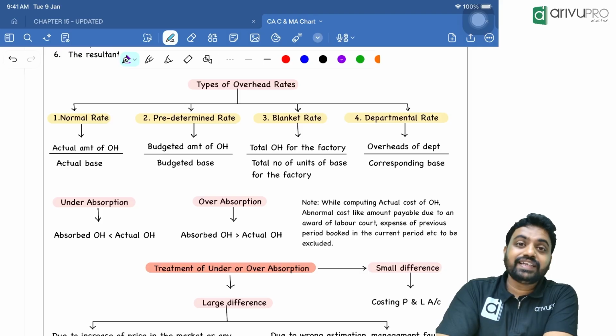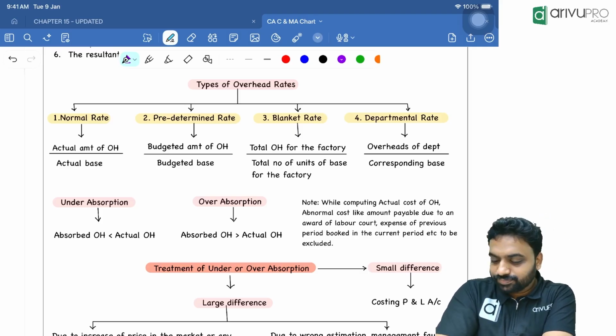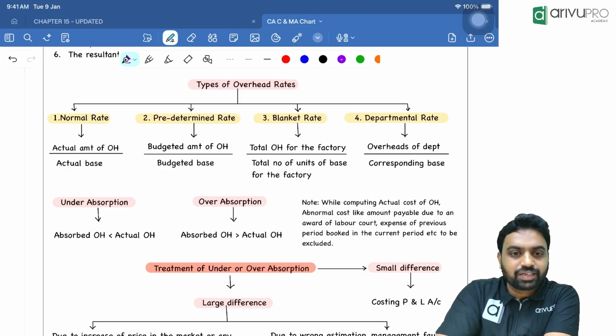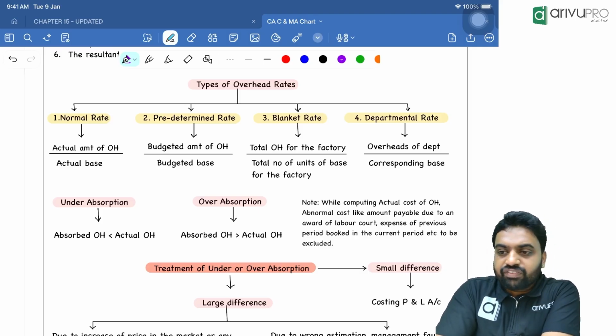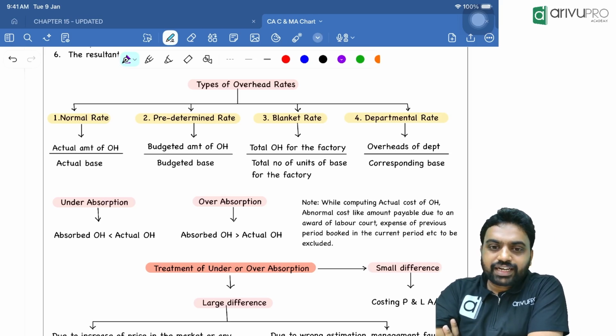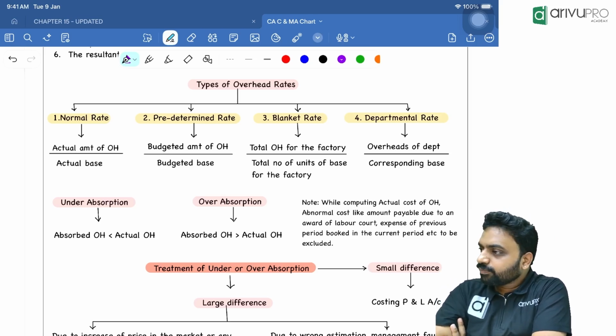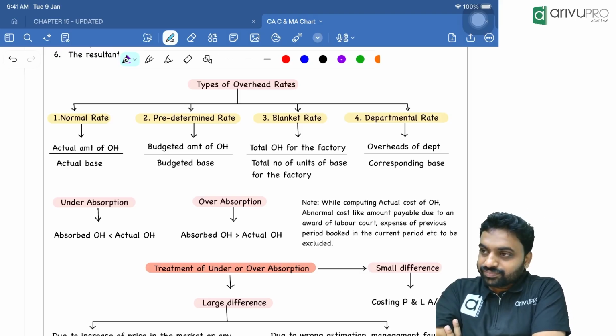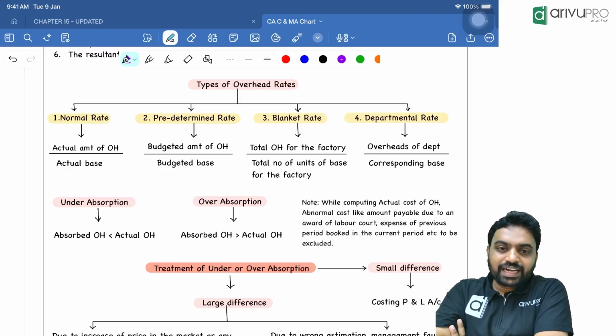Next one we have is blanket rate. Before blanket rate, try to understand what departmental rate is. Here for department A, department B, department C, I calculated different absorption rates and accordingly I absorbed. Correct? But rather than charging different rates for A, B and C, for all the departments together I will add the overhead and together I will add the base and I will calculate the rate.